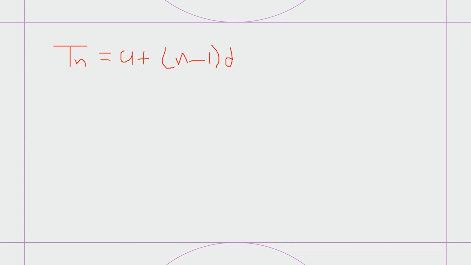Let's say, for example, we have a sequence like this: 4, 6, 8. From this sequence, we can easily identify the value of A, because A represents the first term of the sequence.